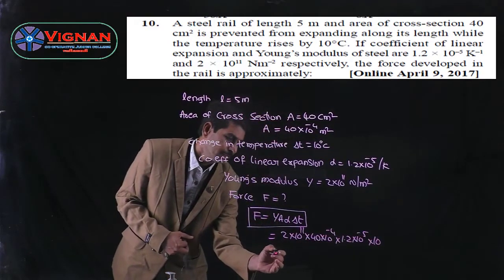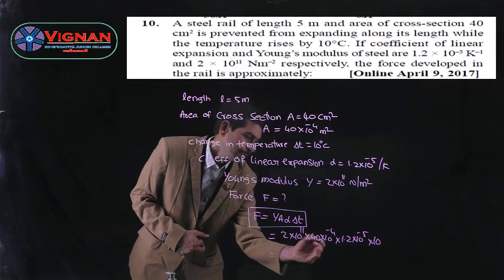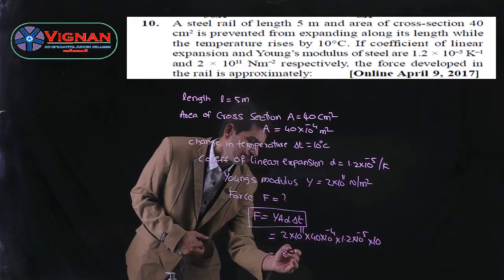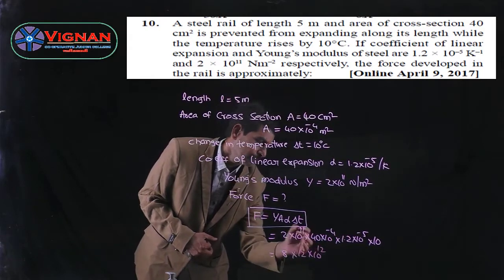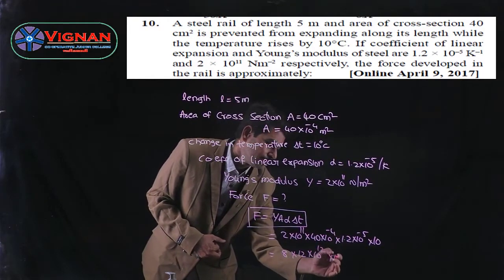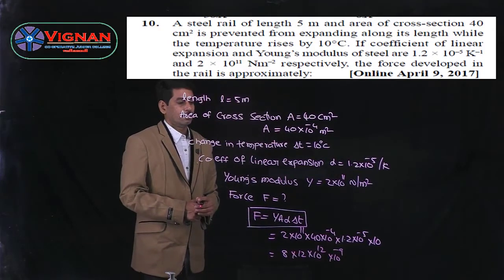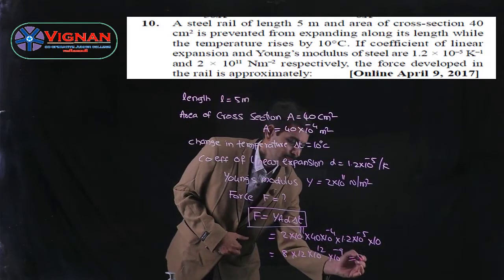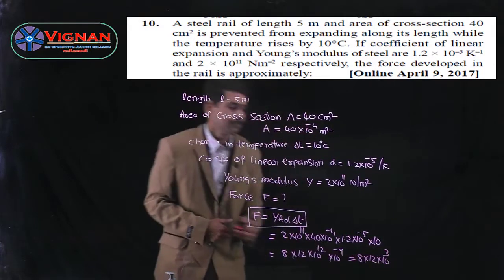So this is nothing but 4 into 2 is 8, and 1.2 is 12 by 10, so the 10 gets cancelled. So 12 into 10 power 11 plus 1 into 10 power minus 9, so it is nothing but 10 power 3. This is equal to 8 into 12 into 10 power 3.